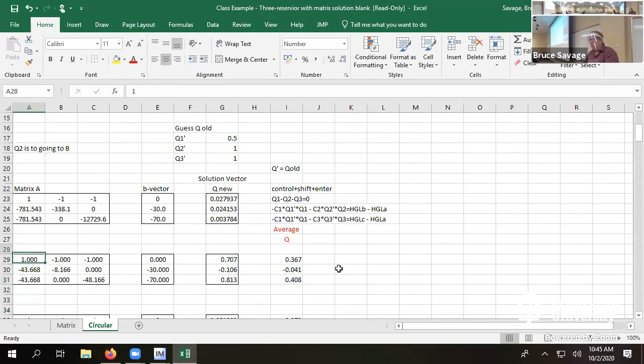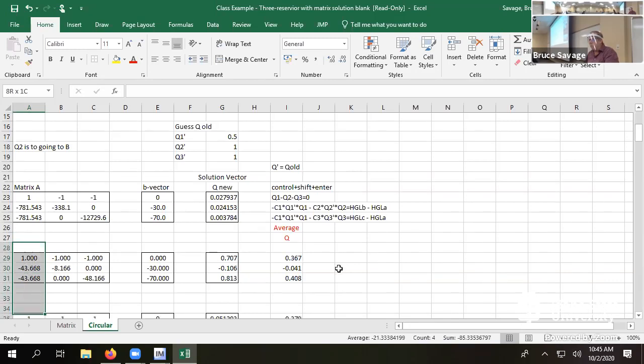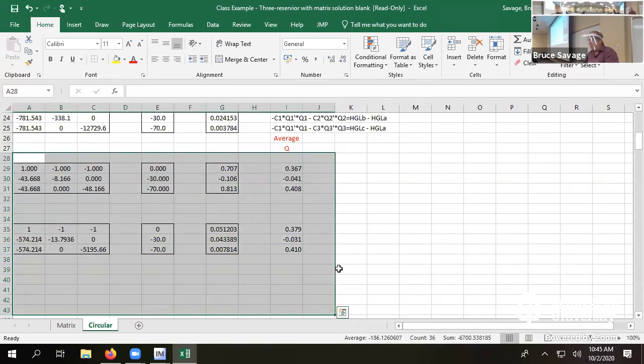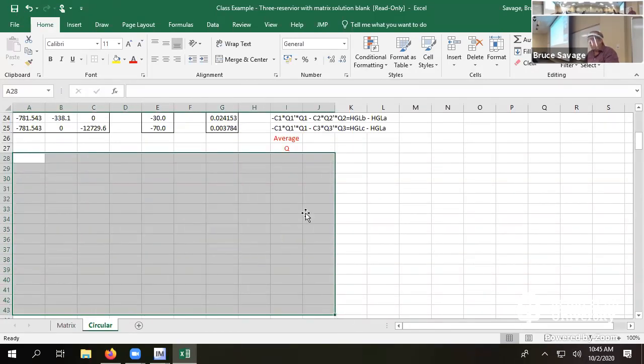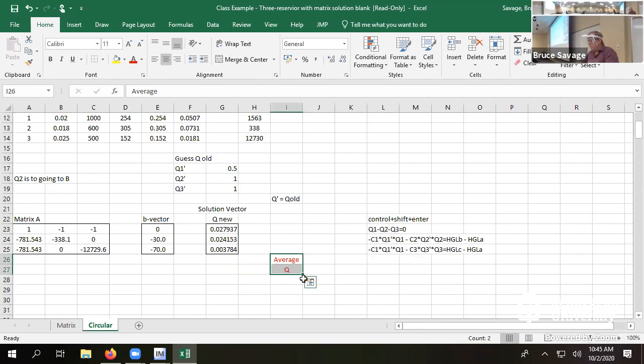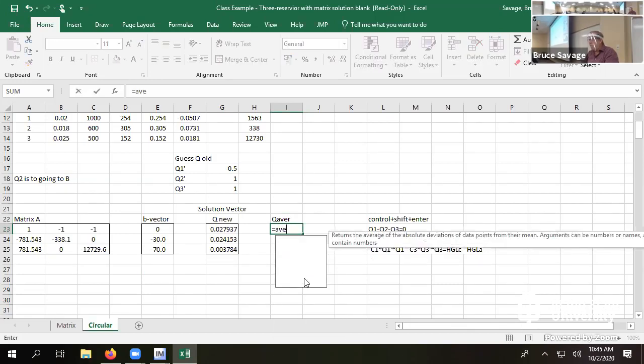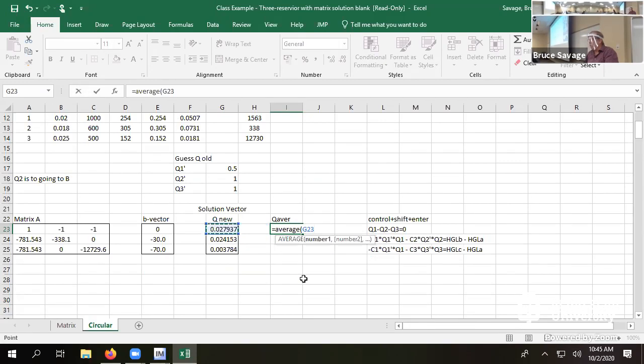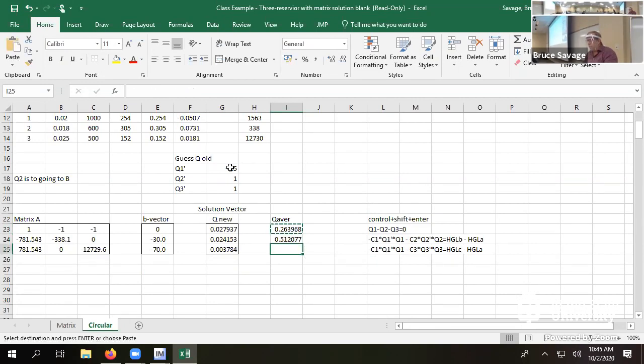Let's take it down to the bare minimum. Delete those as well. These out here, and over here I'm going to do Q average. So now I'm going to take the average value of my Q new and my Q old, and that's going to give me my average value there.